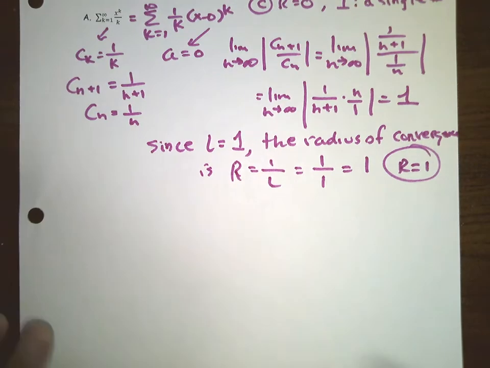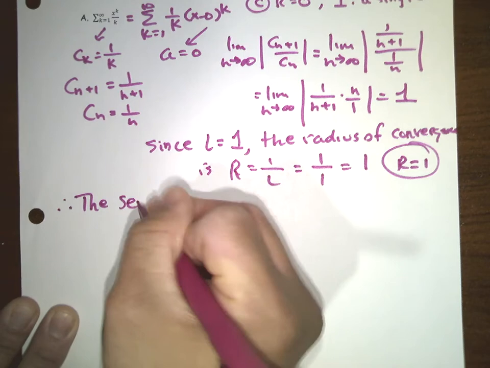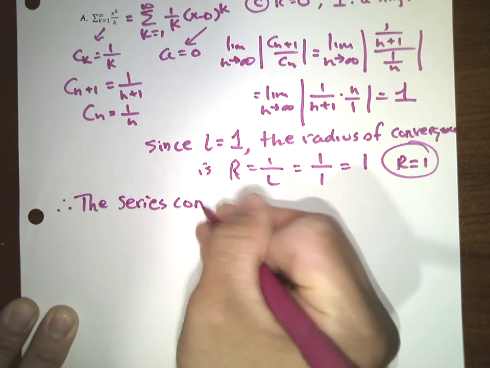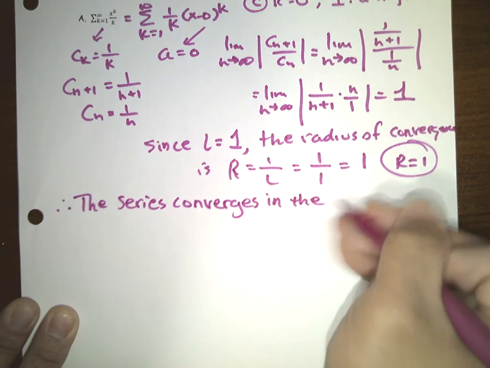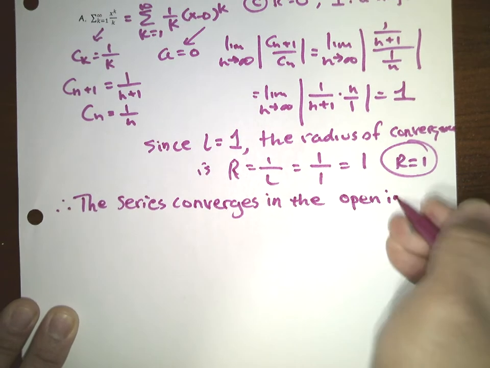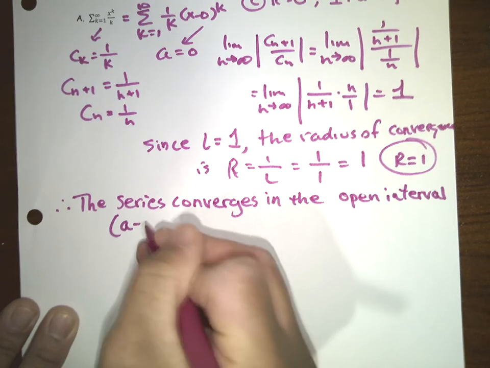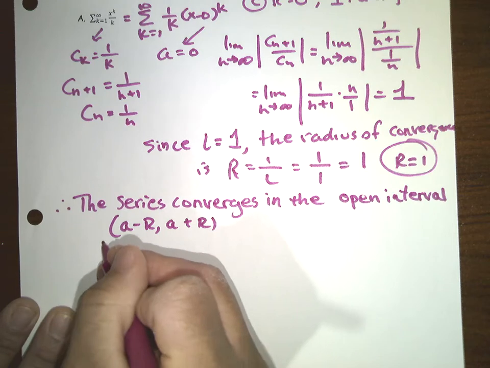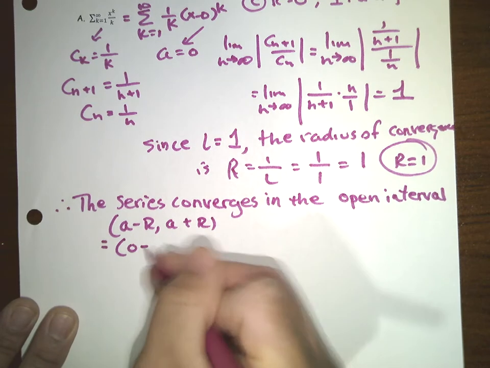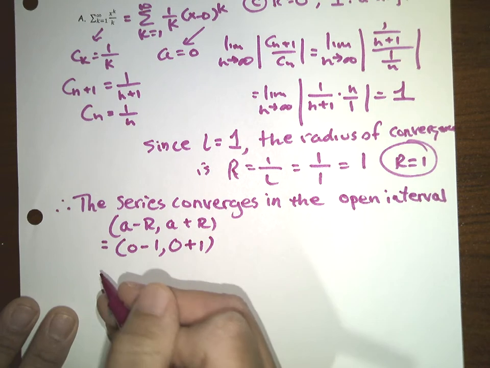Then I know for sure that the series converges absolutely in the open interval a minus R to a plus R, but a was 0, so 0 minus 1 and 0 plus 1.